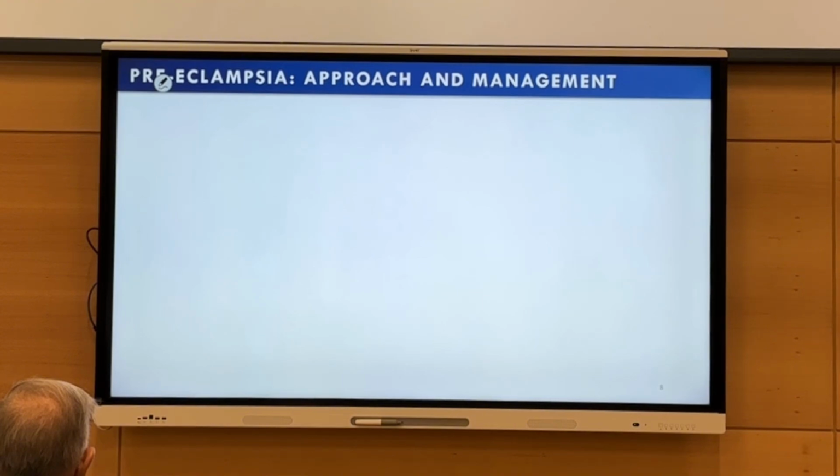HELLP is considered, yes, which will be elevated liver enzymes and low platelets, but usually it's on the severe spectrum. Some people consider HELLP a separate entity. It's not a part of the hypertensive disorders because in 20% of the cases, it's not associated with hypertension. So it will present only as elevated liver enzymes and low platelets with hemolysis and no hypertension in 20%.